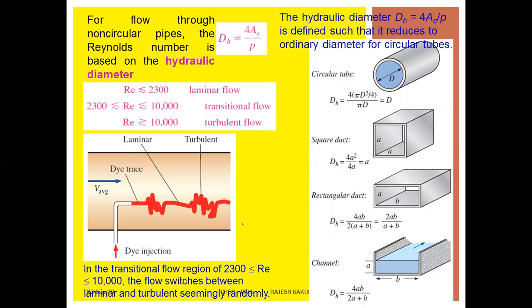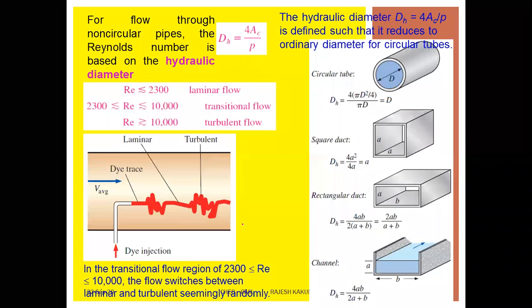Now in this slide we will see whenever we are using different types of pipes, what the formulas are and what things we are observing. Okay, now see, for the fluid flowing through non-circular pipes, the Reynolds number is based on hydraulic diameter.